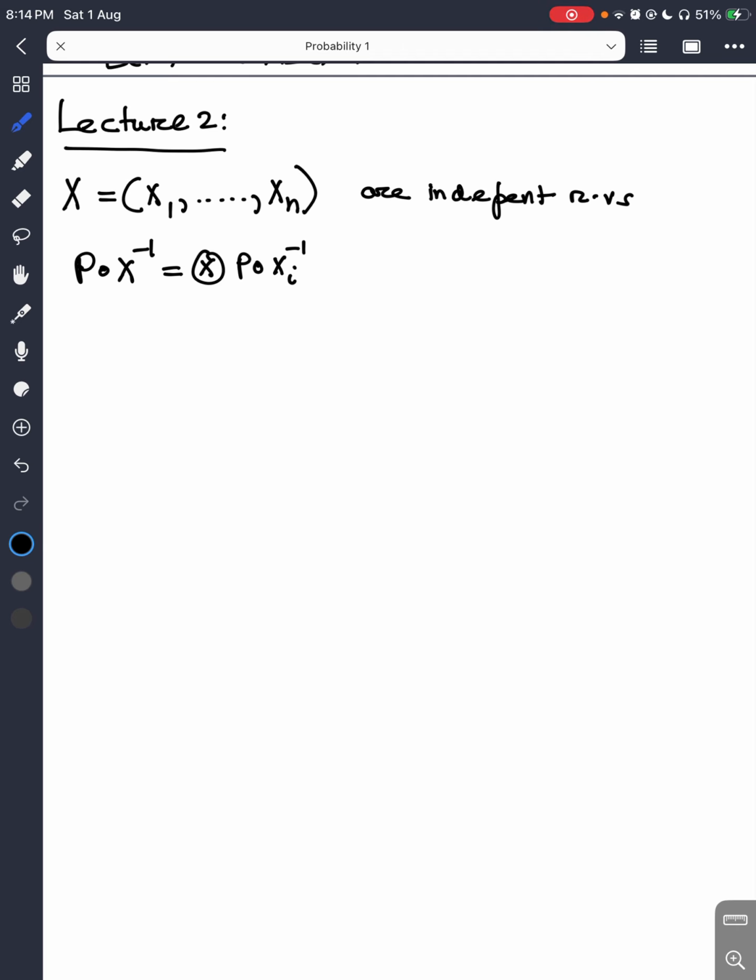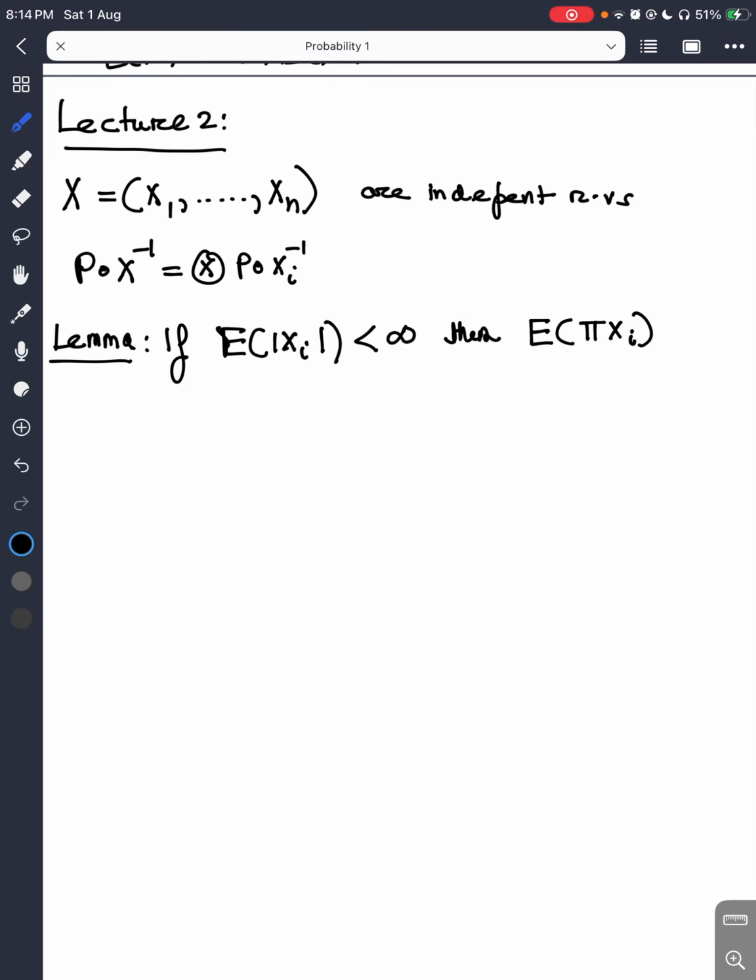So in order to keep things general, the first lemma is: if E|Xi| are finite, then E of the product of Xi, since what we are using is necessarily the product measure, is the product of expectations.